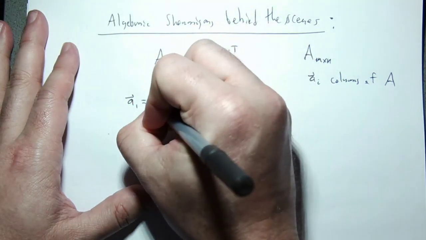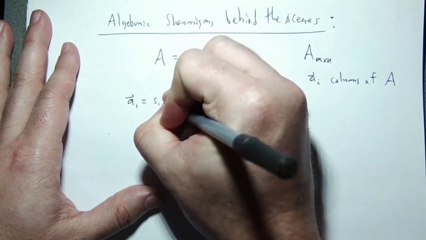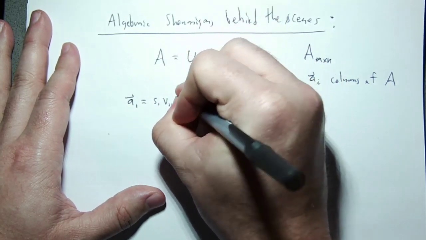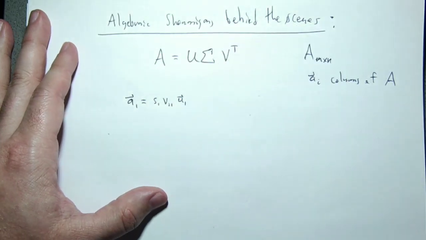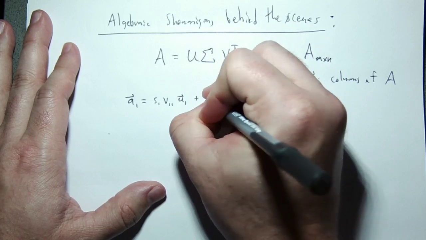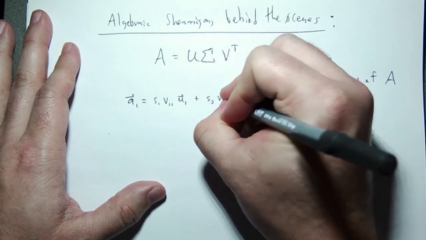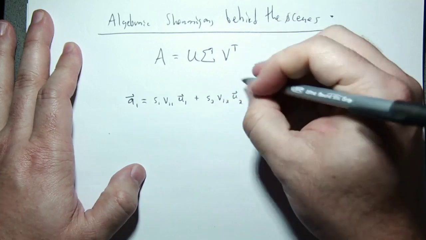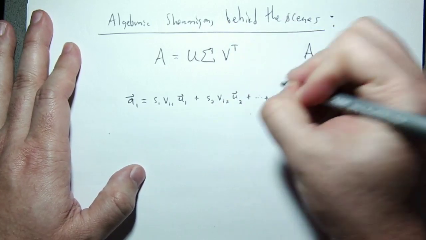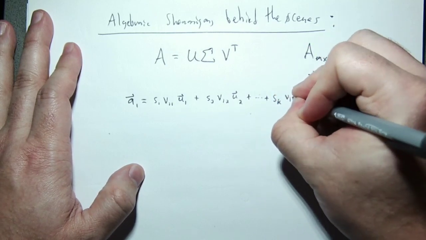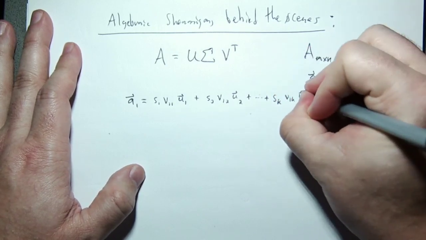The first column is s sub 1 v sub 1,1 u sub 1, where u sub i is a column of U, plus s sub 2 v sub 1,2 u sub 2, and so on, all the way down to my kth singular value, s sub k v sub 1,k u sub k.